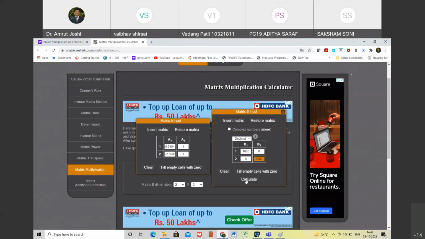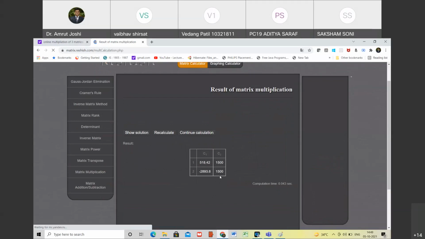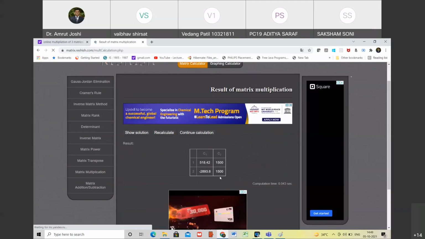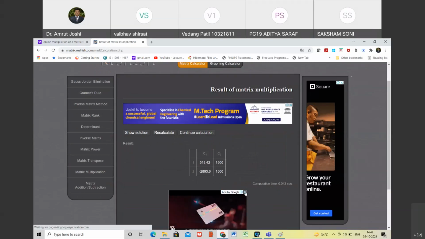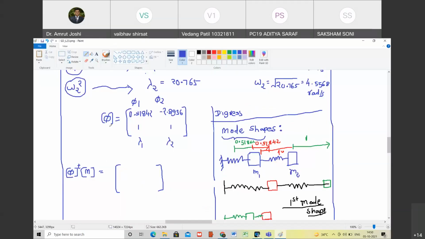So calculate. So can you take a snapshot of this? So I'm just writing down the values. Okay. Let me know once it is done. Yes, sir. Done. Yeah, tell me the values. 518.42, then 1500.